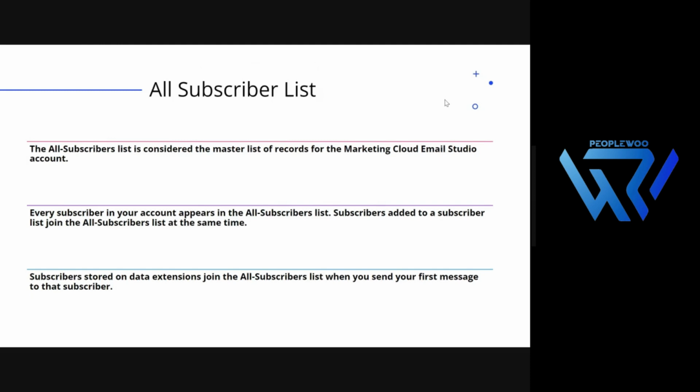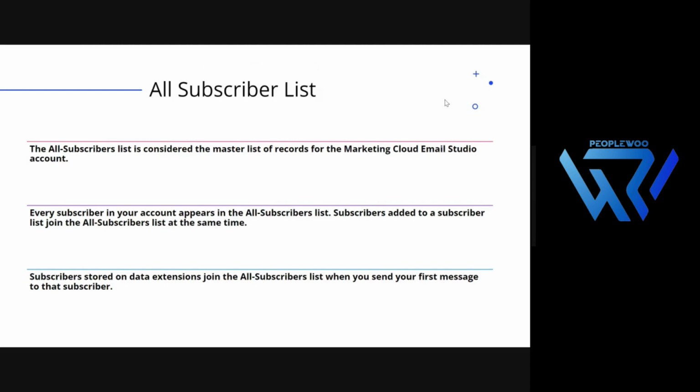If you think that data extension is containing the subscriber data, you have to click on the sendable option inside the data extension. You have to make the data extension sendable. Only when you make the data extension sendable will the subscribers flow to all subscribers.